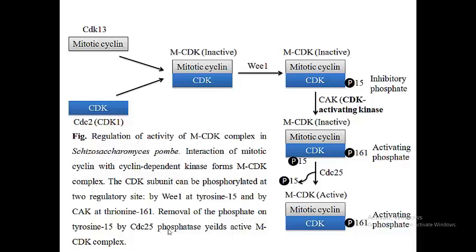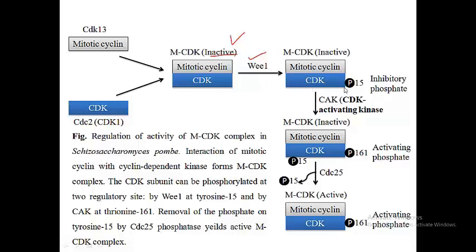We know that mitotic cyclin and CDK are present in the cell. When they attach, they become inactive, and they need to be phosphorylated to become active. So first it will be phosphorylated by the protein kinase enzyme Wee1, but after phosphorylating, the tyrosine 15 is attached to the ATP binding site of CDK.